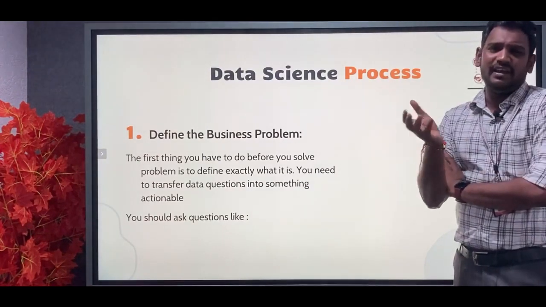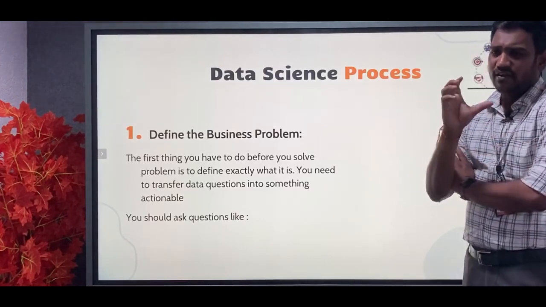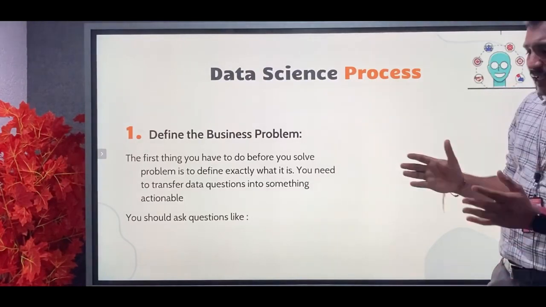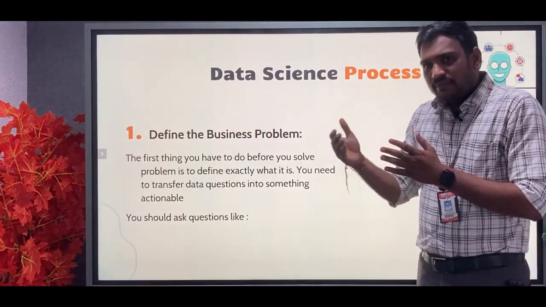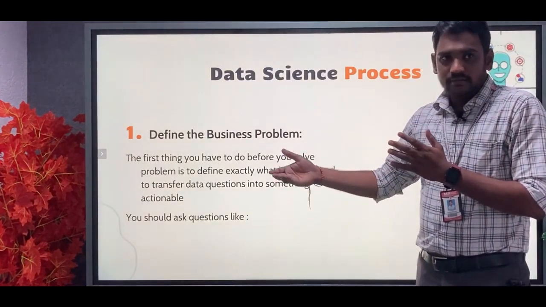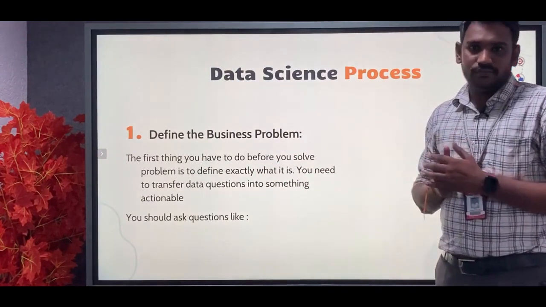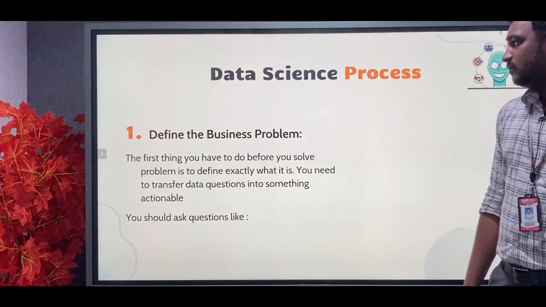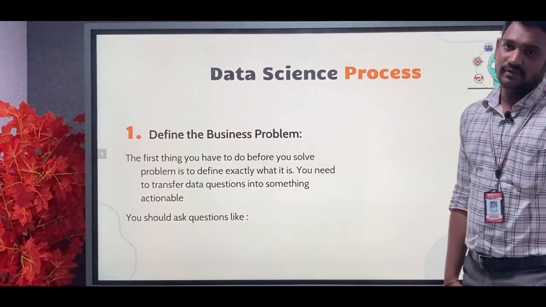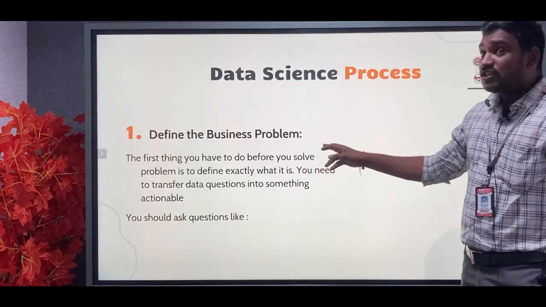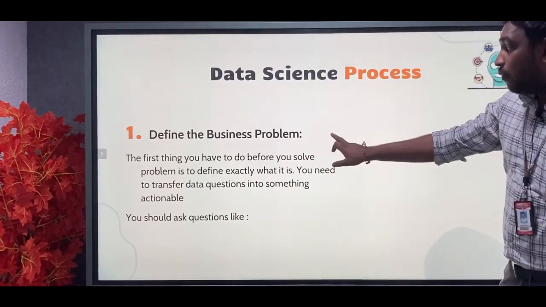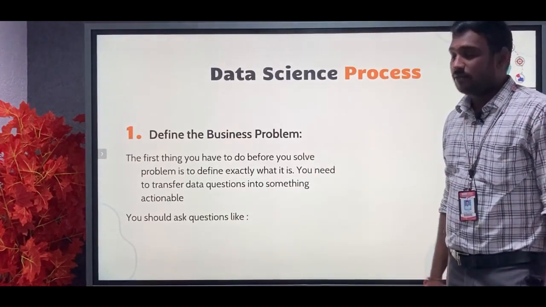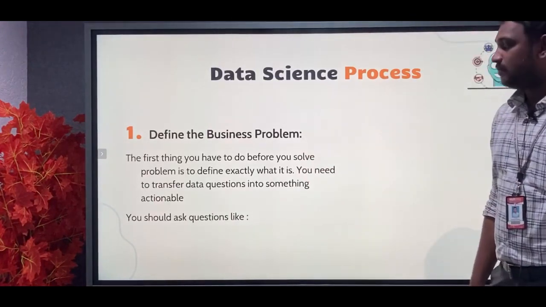In your daily life also, you have to define what problem you have. Similarly, think one client came to you and gave you a project to implement data science algorithms in it. So first you have to define what problem it is. You have to think about it and define the problem exactly.